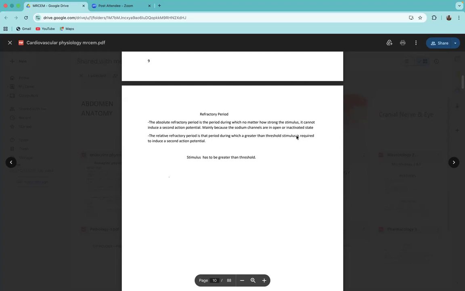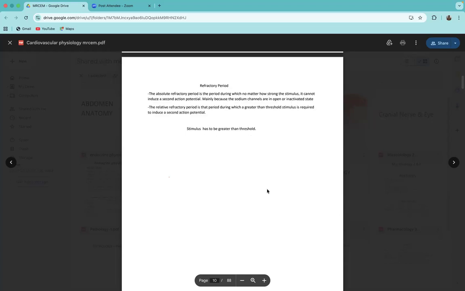So the stimulus has to be greater than the threshold. If the stimulus crosses the threshold, there will be a second action potential during the relative refractory period, but there will be no second action potential in case of the absolute refractory period, however big the stimulus may be.